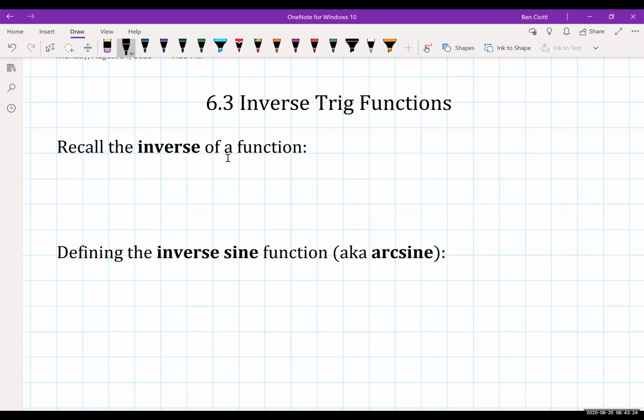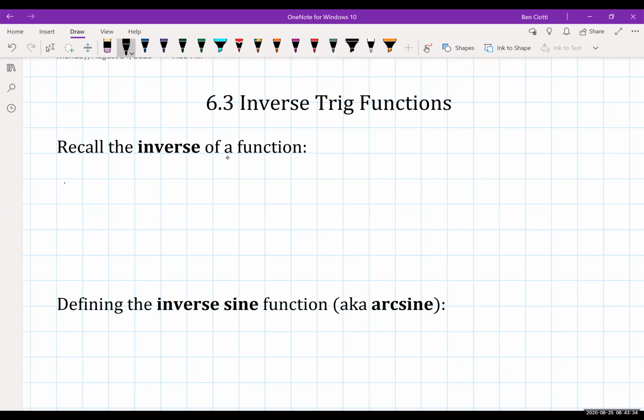And before I do that, let me remind you what the inverse of a function is. So by definition, if f of a is equal to b, then f inverse of b is equal to a.